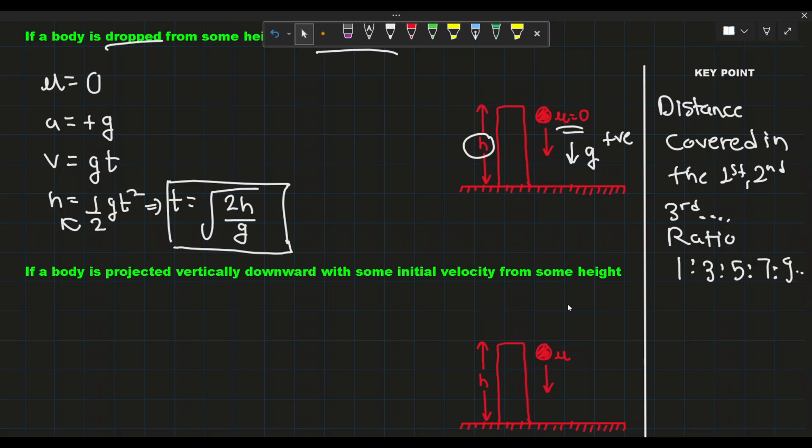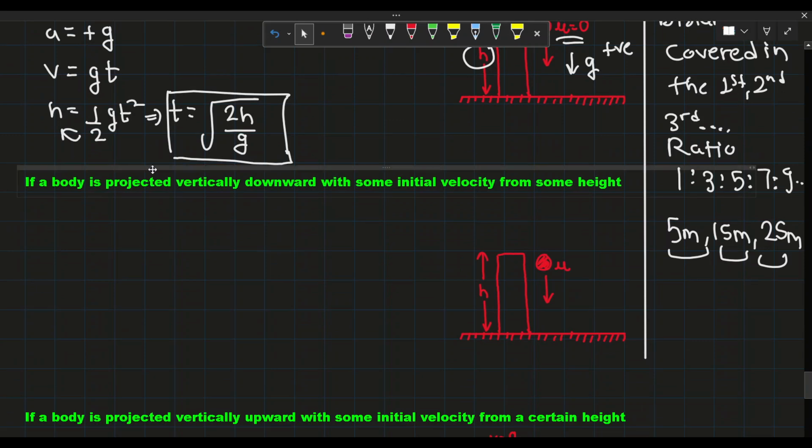It's basically like 5 meters in the first second, 15 meters in the second second, and 25 meters in the third second, and this goes on.